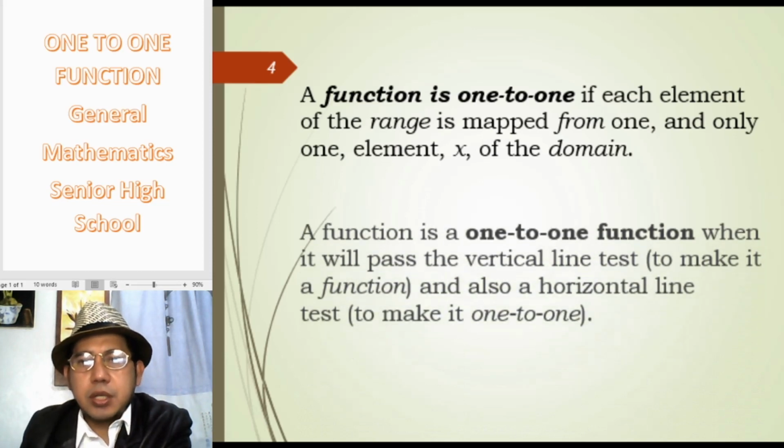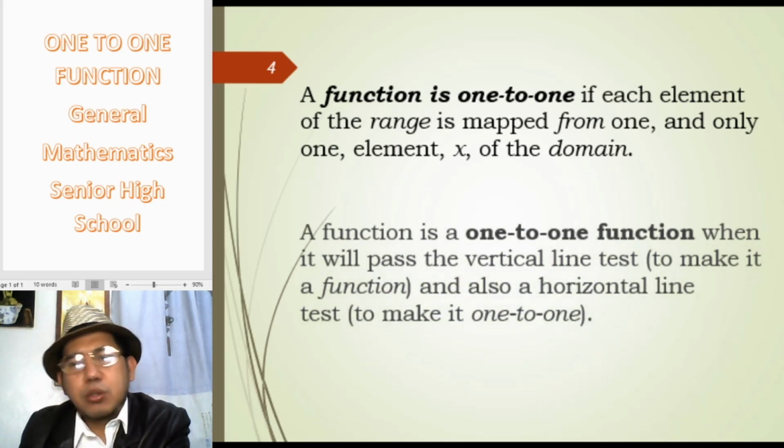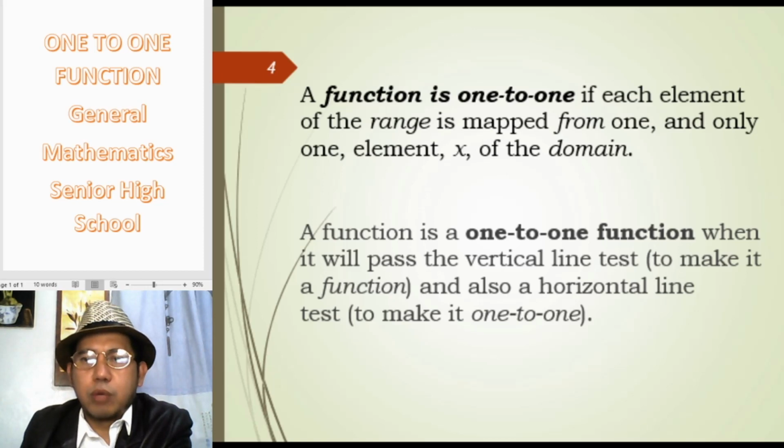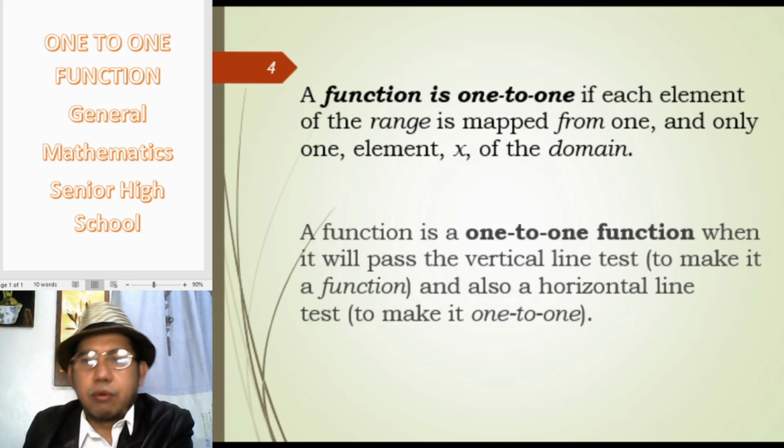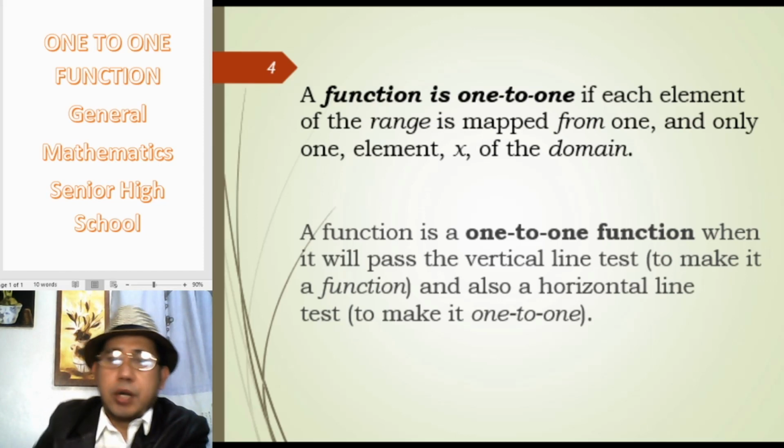The next statement would be a function is still considered to be a one-to-one function when it passes the vertical line test. Definitely, when it passes the vertical line test, the graph will be a graph of a function. But our focus is when a graph is considered to be a graph of a one-to-one function. Of course, we make use of another test.